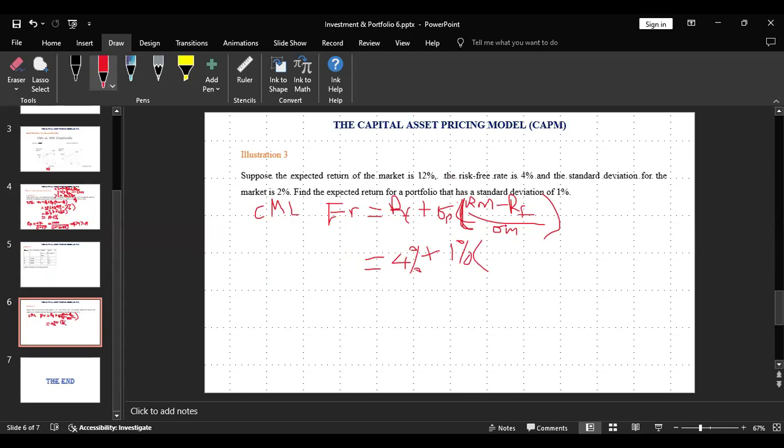Expected return for the market is 12%, minus risk-free of 4%. Someone should hurry and do the whole calculation for me, please. And standard deviation of the market is 2%.